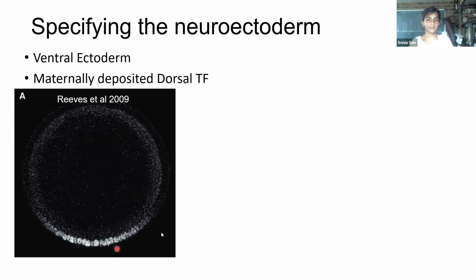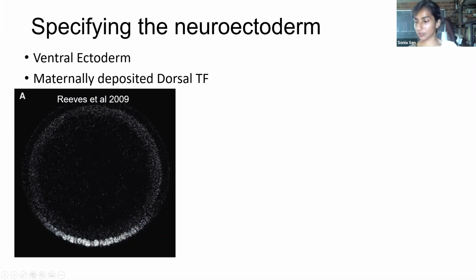Fly names can be confusing because they're named after their mutant phenotypes. So the dorsal protein is called that despite being expressed in the ventral region, because in its absence, everything gets dorsalized. So here's dorsal expressed in the ventral region.